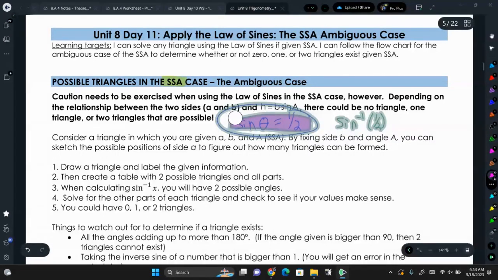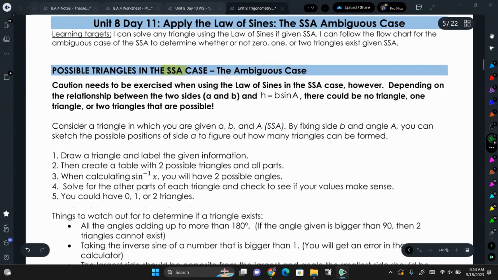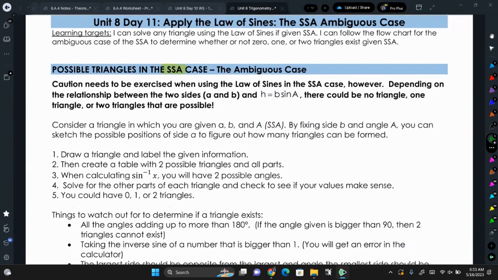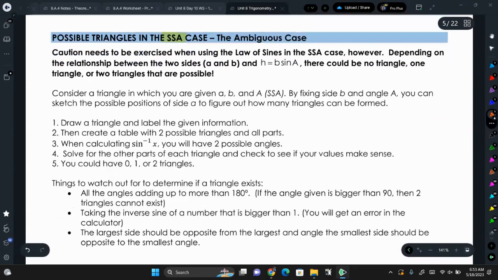So we're going to be using the law of sines still, but we're going to be solving for an angle. There are some things that you should be on the lookout for. You always want to draw a triangle and then label the information given. Then we're going to create a table with two possible triangles and fill in all the missing parts.